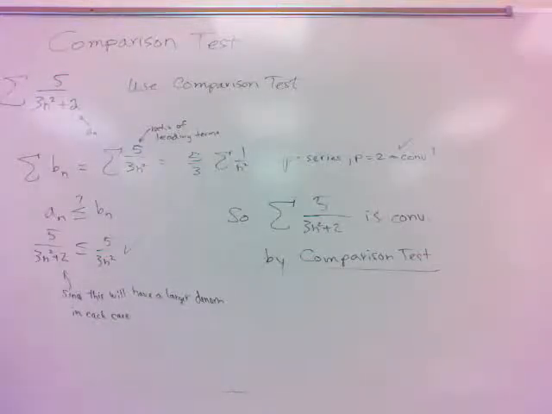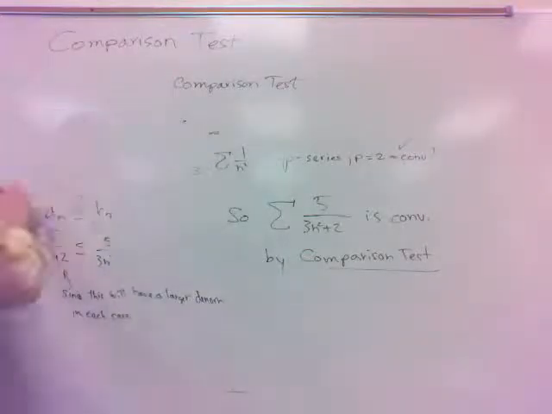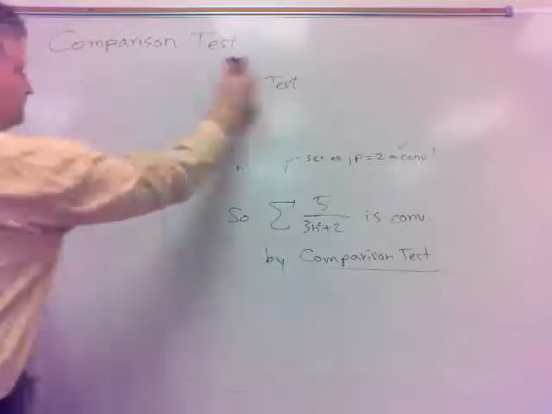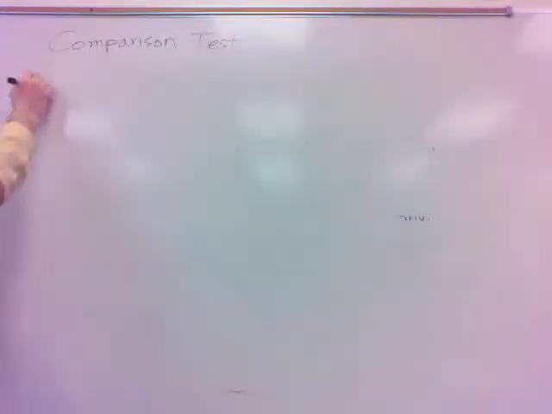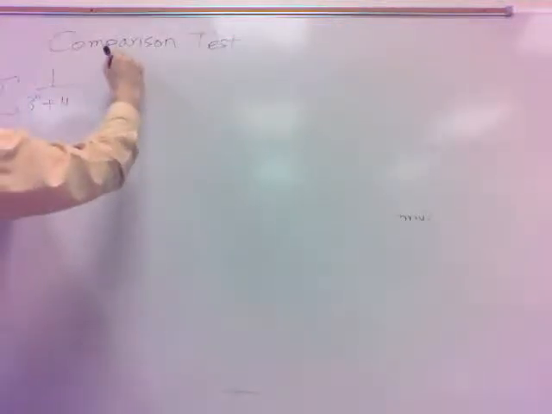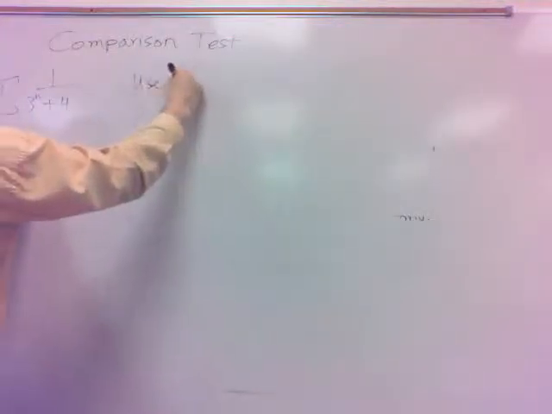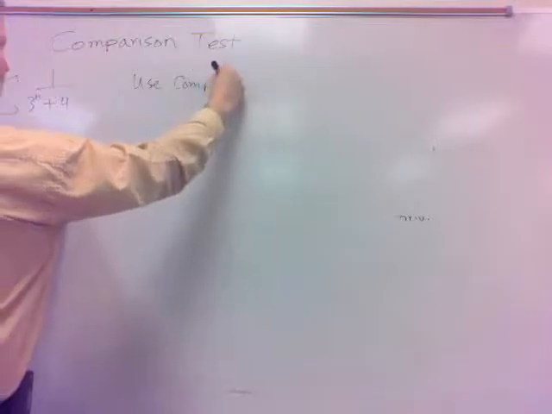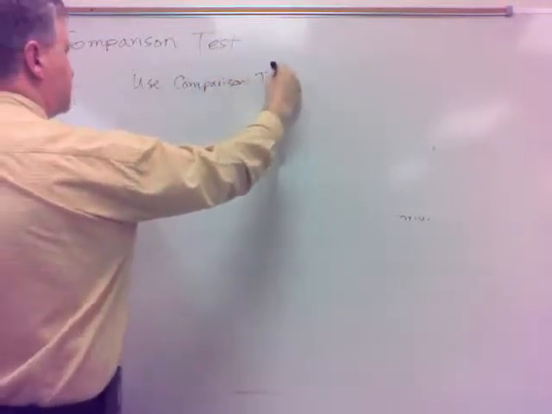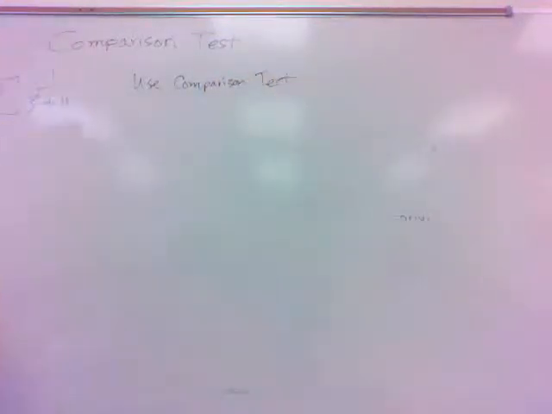How about another one? If you're okay with that. Series 1 over 3 to the n plus 4. Use a comparison test on that. All right, so my comparison here, that's A sub n.